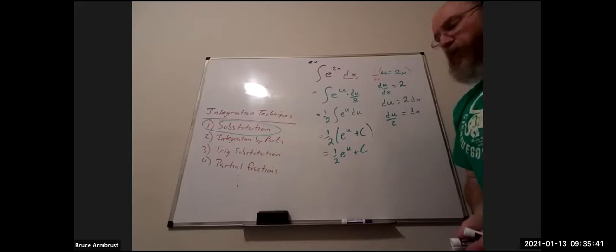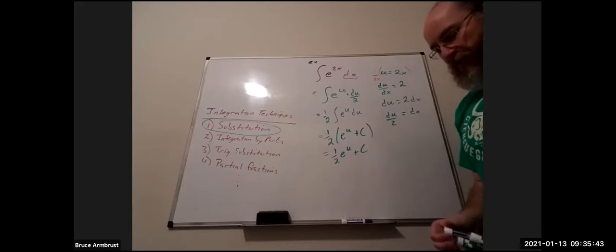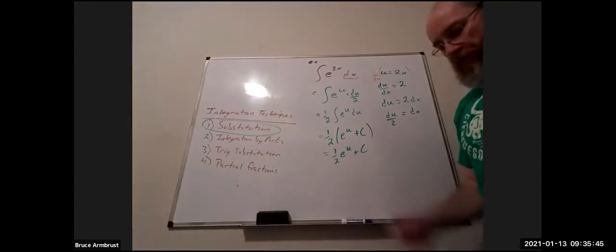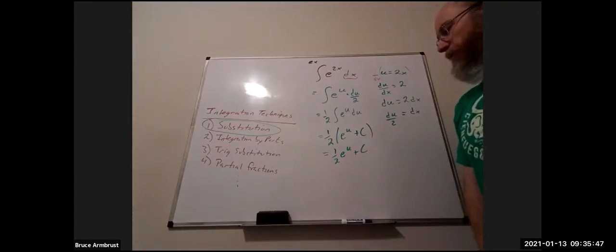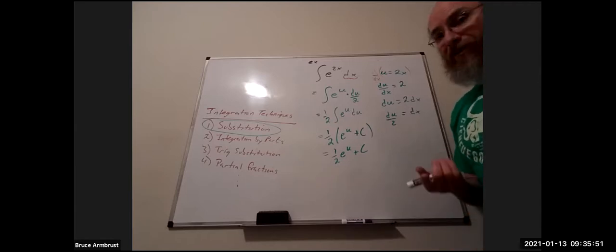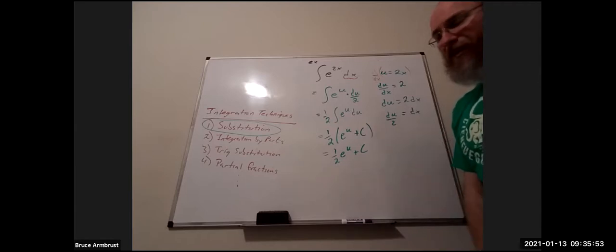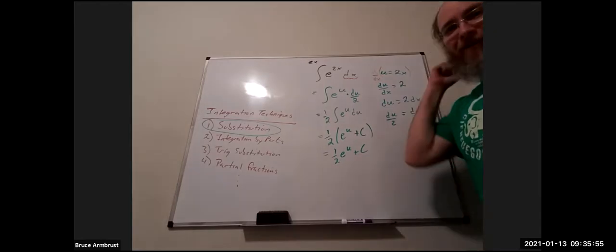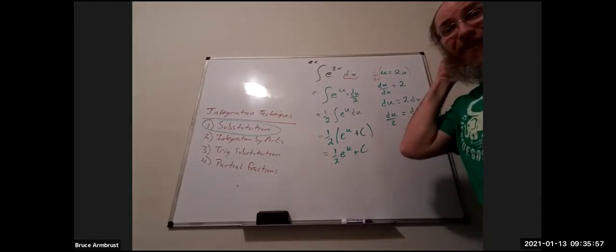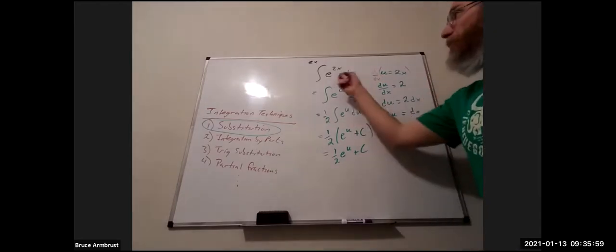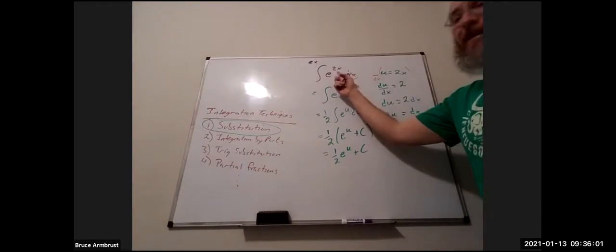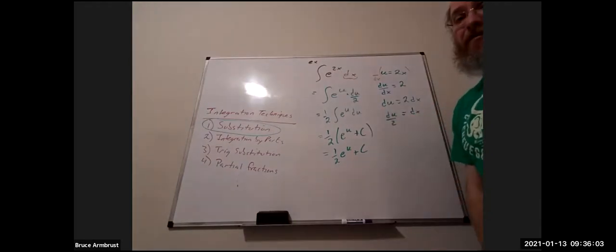All right. So look at that. By doing a substitution, we turned it into a form that we were able to anti-differentiate. Okay, but there's always a but. We're not done here. Because here's the deal. I started with x's. I need to end with x's.